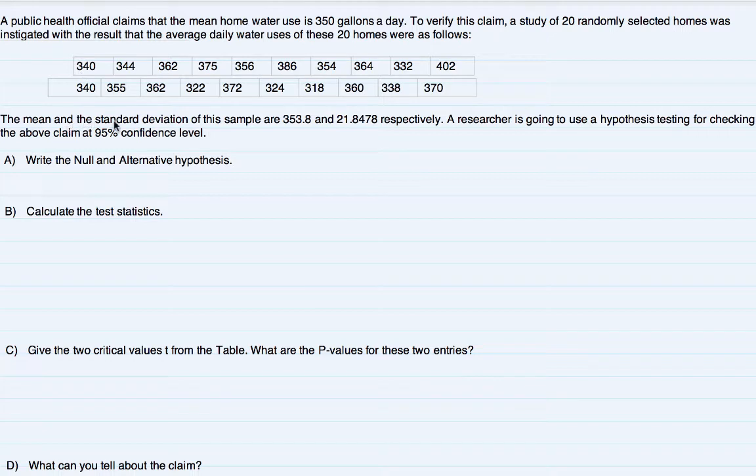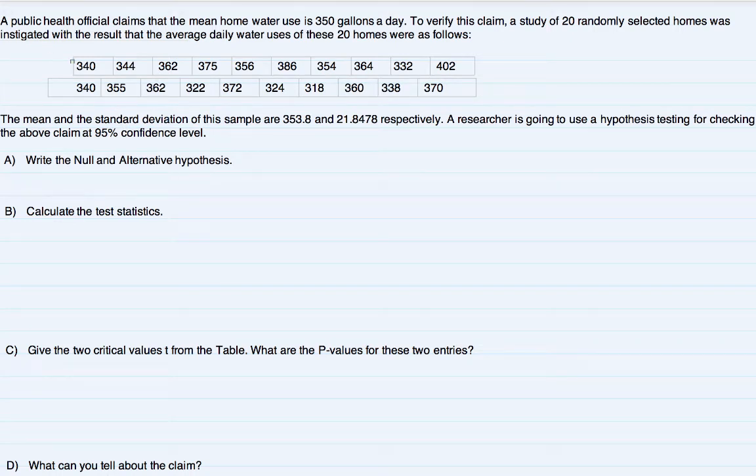The mean and the standard deviation of the sample are 353.8 and 21.8478 respectively. A researcher is going to use a hypothesis testing for checking the above claim at 95% confidence level.